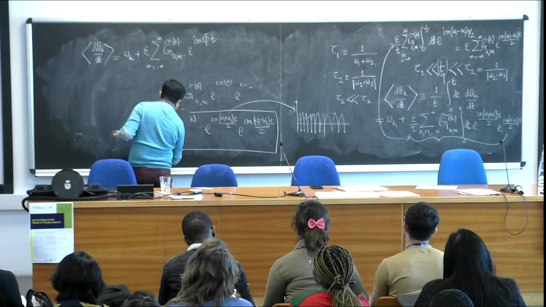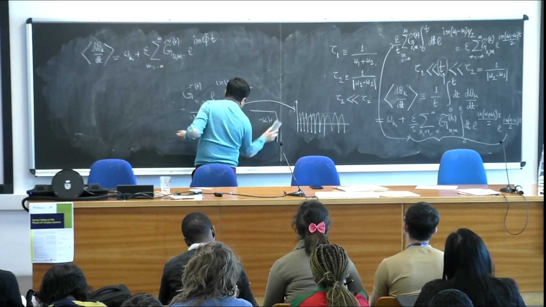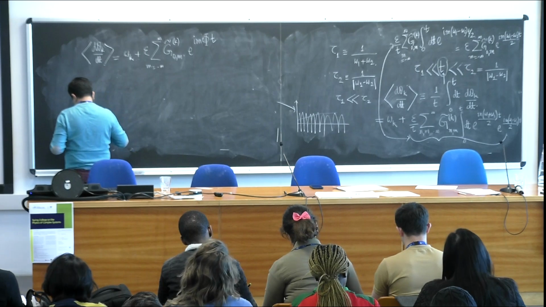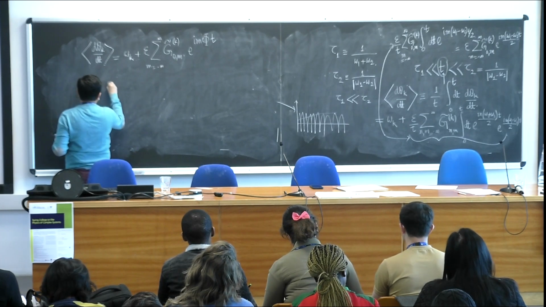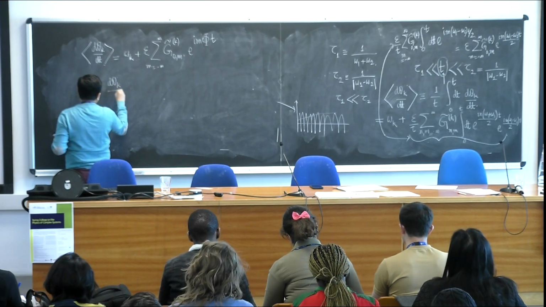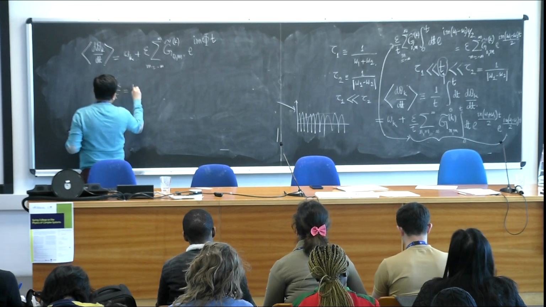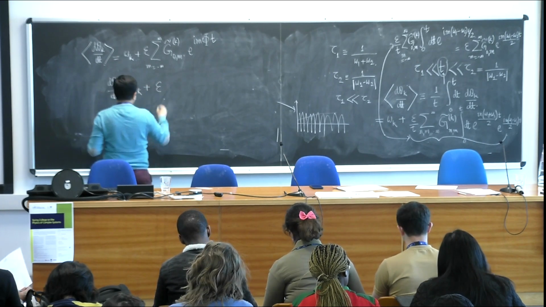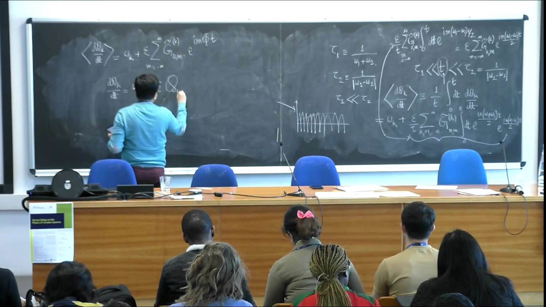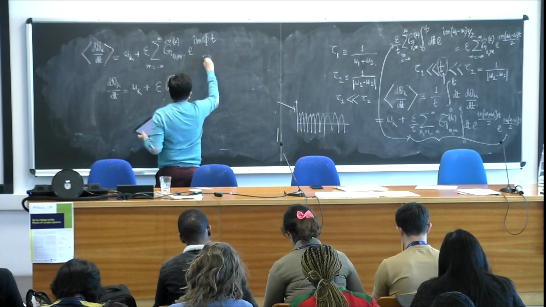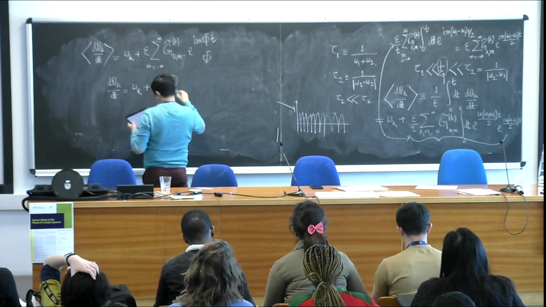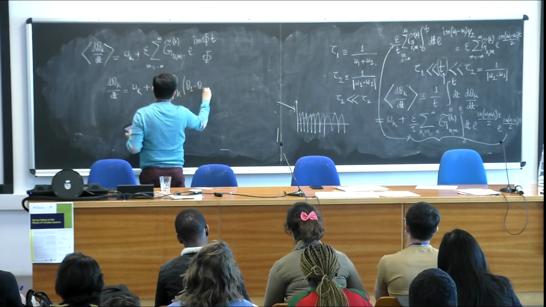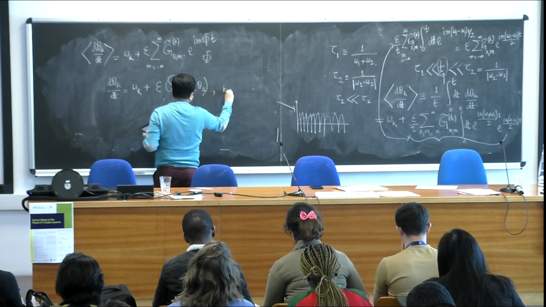So I can simplify the notation and just write the equation of motion as d theta k dt is equal to omega k plus epsilon times a new function, let me call it q of k. If you remember, phi was the difference, so this one will be theta 1 minus theta 2. And there are two such equations.